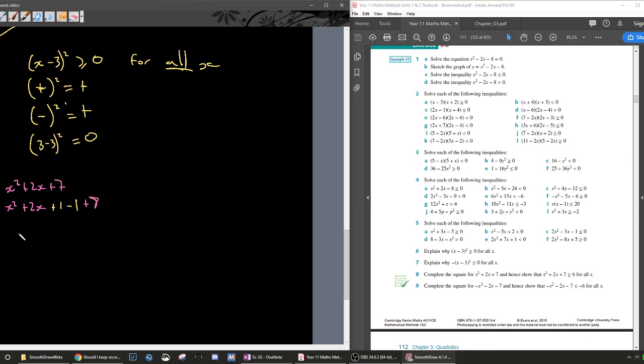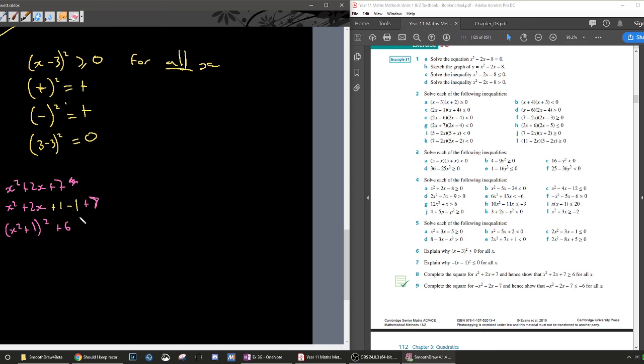So we now get x plus 1 all squared plus 6.